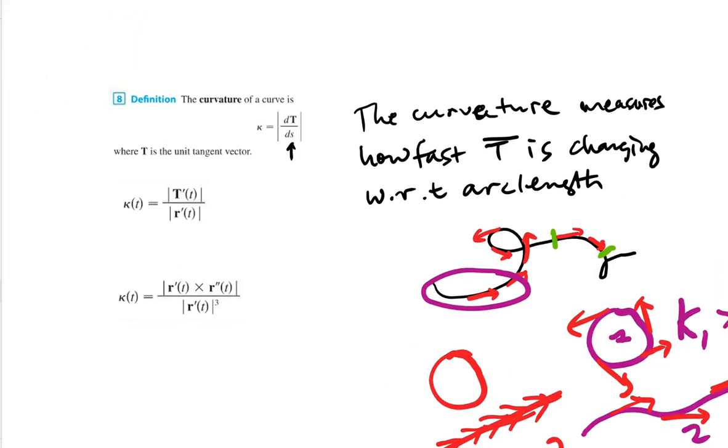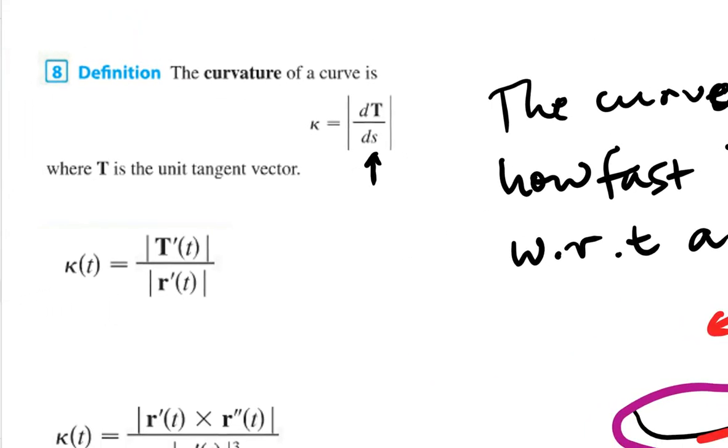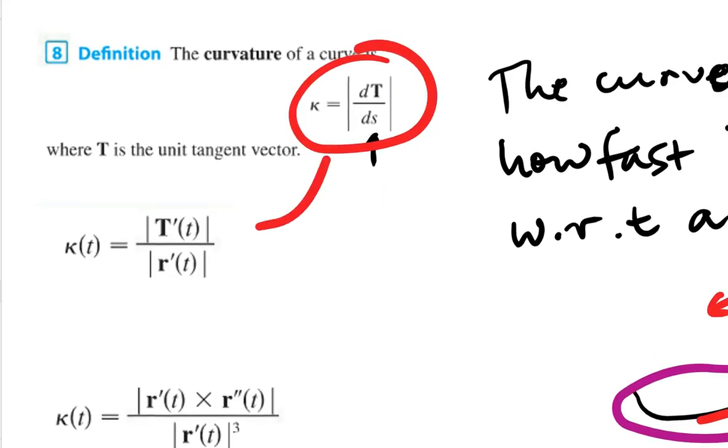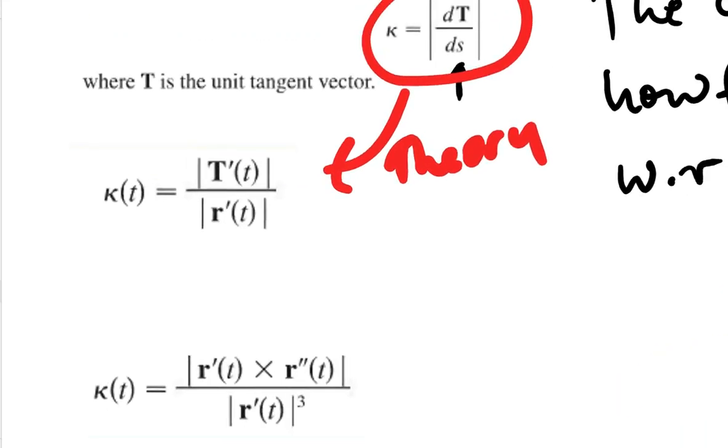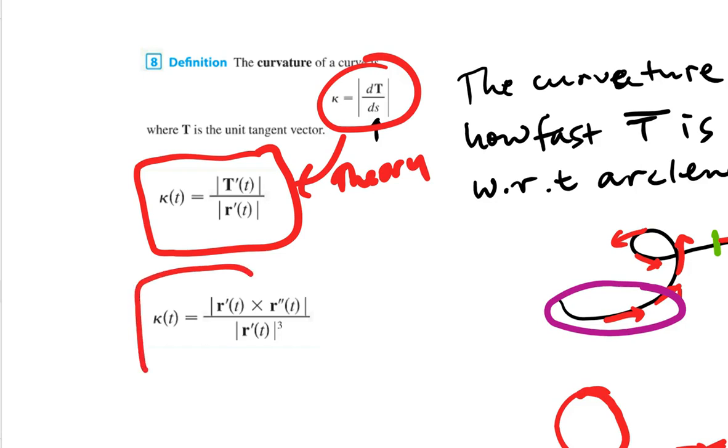Now, it's not so simple to find the curvature in terms of the arc length here. This is not a very simple thing to do. So using some theory that I'll let you look at in the book, this is more like what you're going to be using, this one and this one here, these two formulas. This is very similar here.